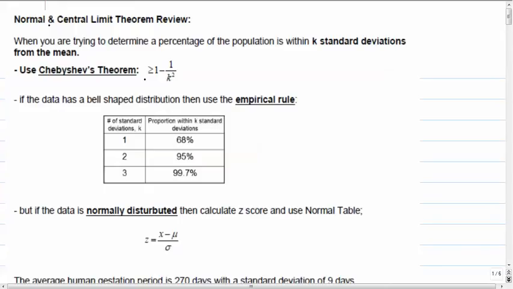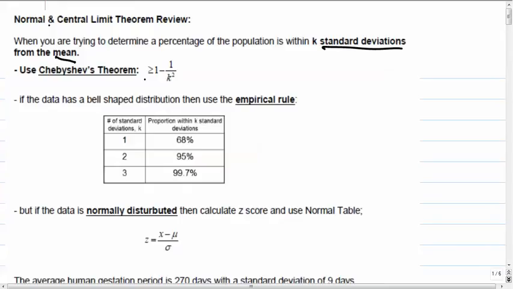All right. So we have several scenarios here, and the first one we're going to look at is a probability problem where the only thing we're essentially given is the mean and the standard deviation, and we're trying to find the percentage of the population that is within k standard deviations of the mean.